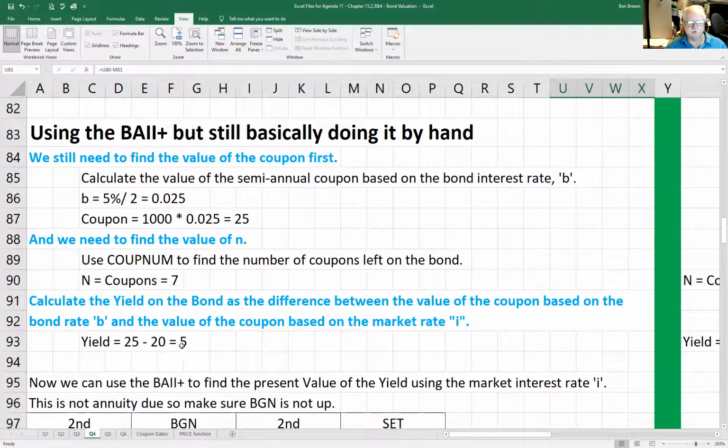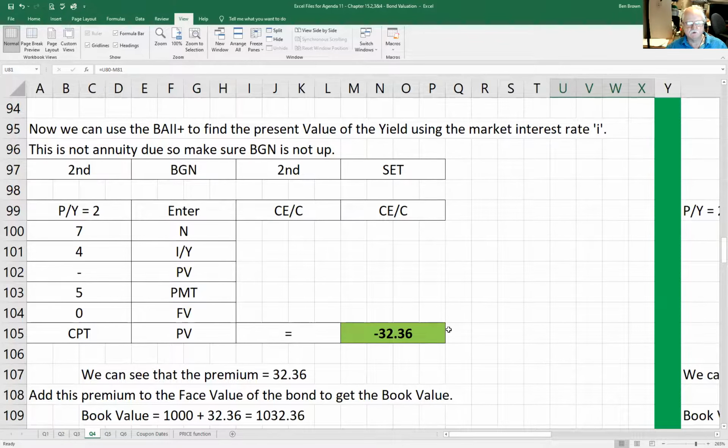Again, dealing with the fact that we're only worried about the present value of this $5. So the payment is the $5. The number of coupons is 7. The interest rate here is the market interest rate. And we come up with this 32.36 again.